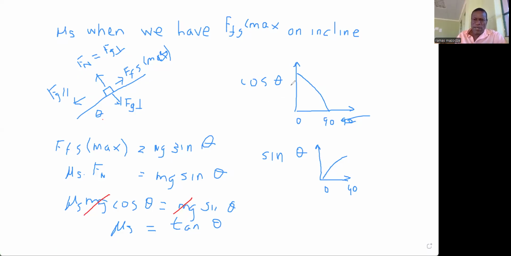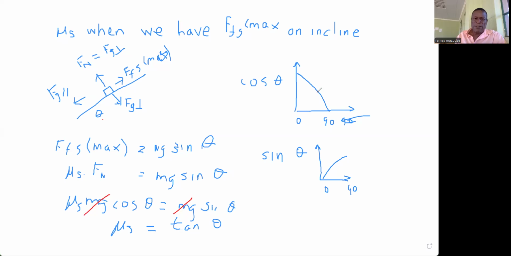So if they ask you about kinetic friction, as theta increases from 0 to, obviously 90 is impossible, it's vertical and the object is just going to slide down, as it increases from 0 to 80 something, your kinetic friction, because it depends on the normal force, will be decreasing.